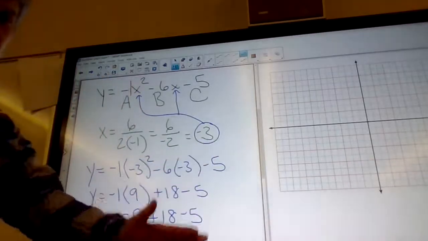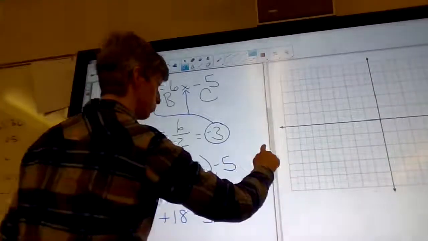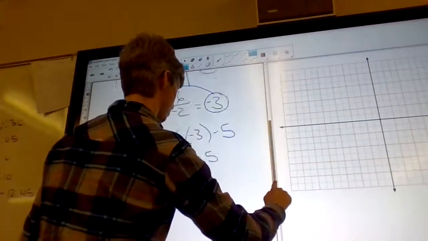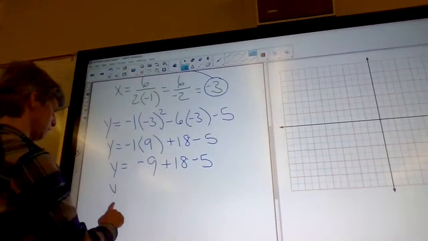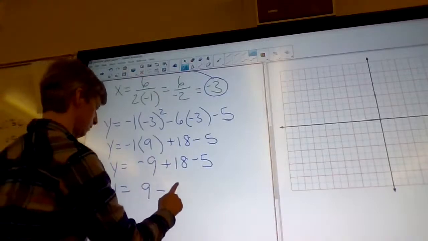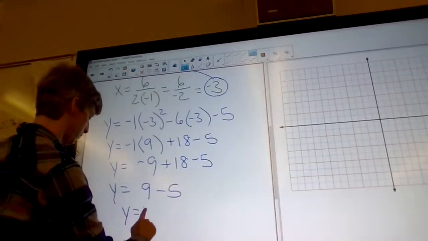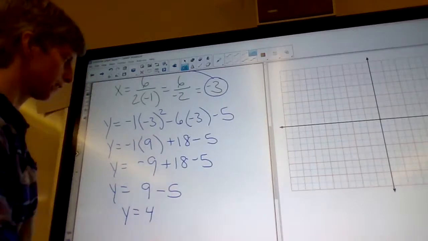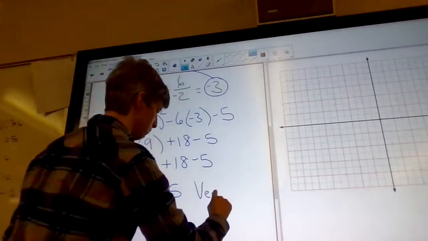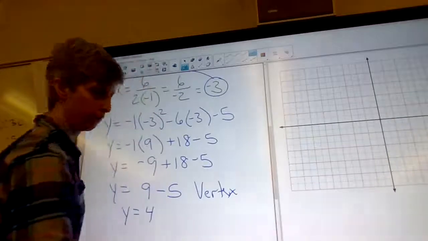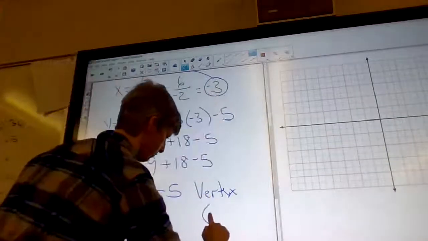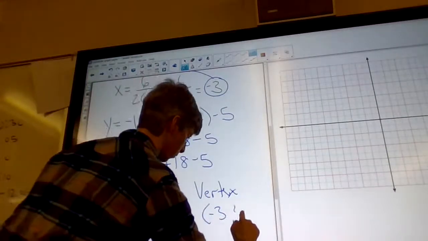Again, left to right. Negative 9 plus 18 is 9. 9 minus 5 is 4. So the actual coordinates of my vertex are negative 3, 4.